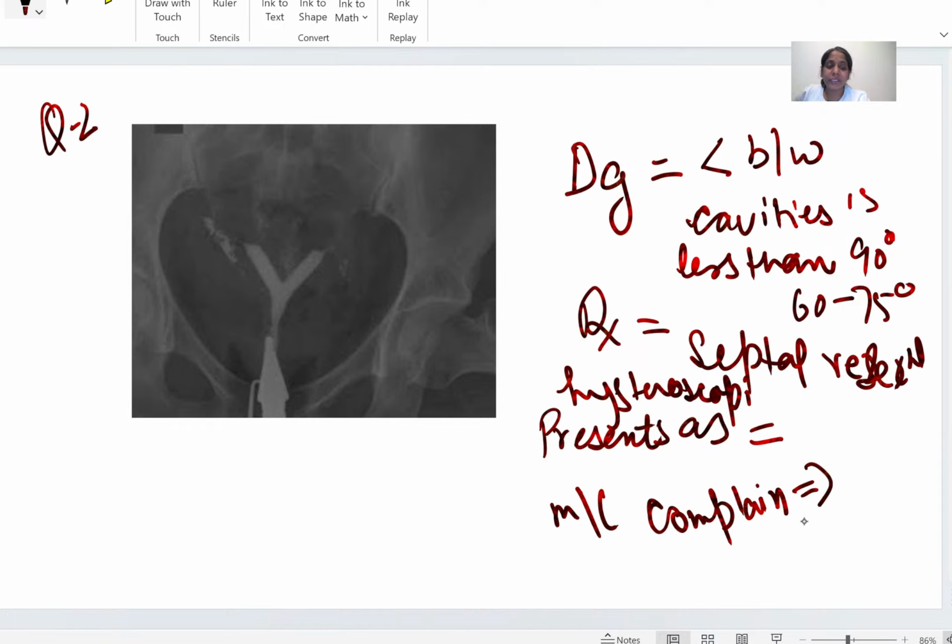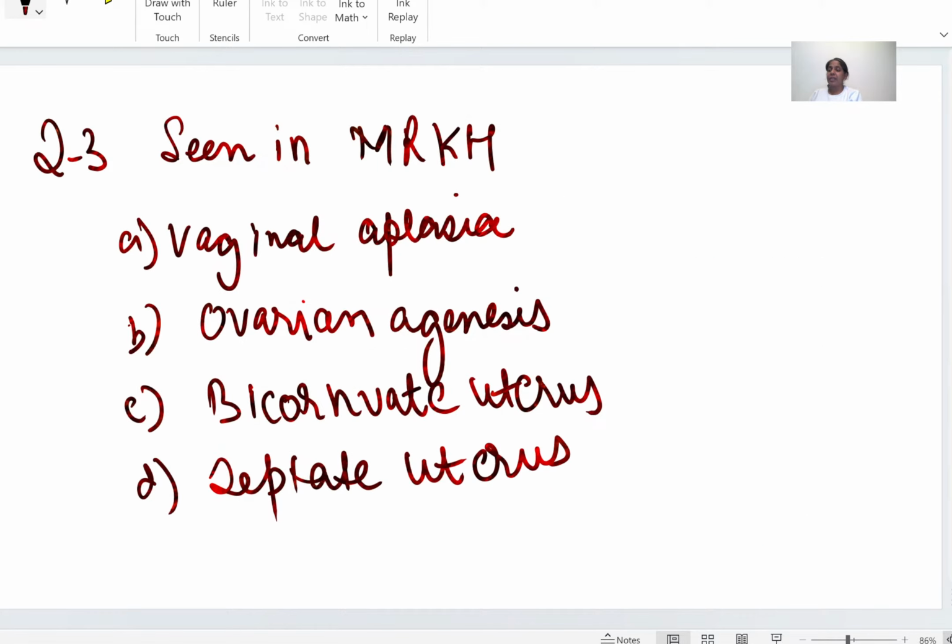This patient does not present as infertility. This patient presents as recurrent pregnancy loss. Recurrent pregnancy loss is the presentation here. Now, seen in MRKH?